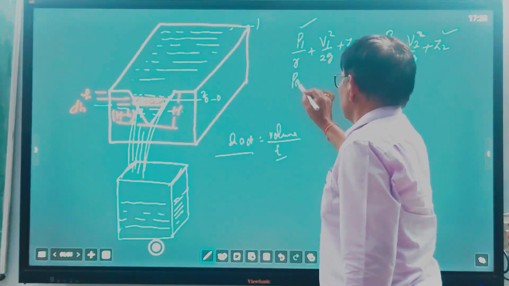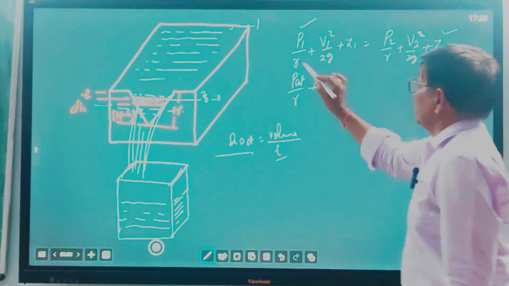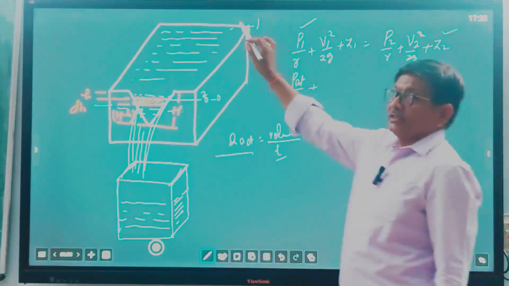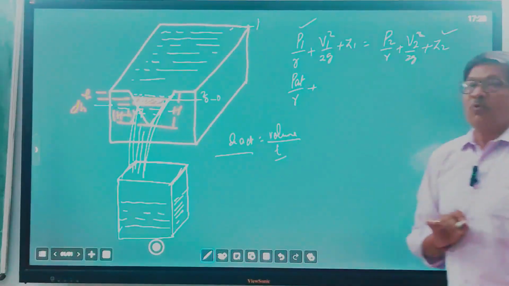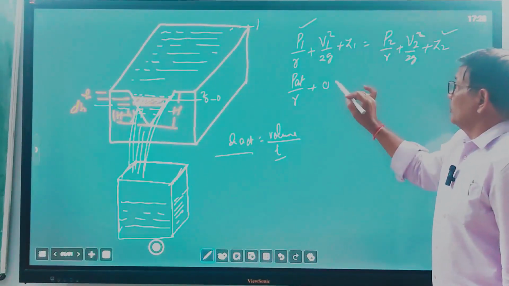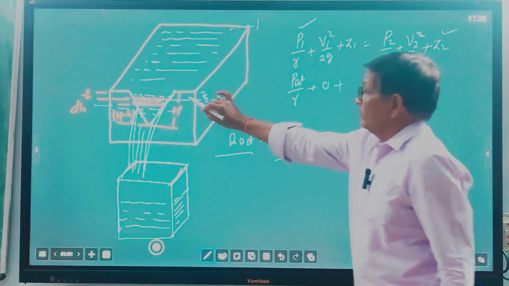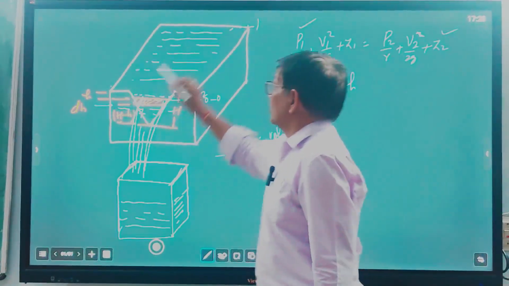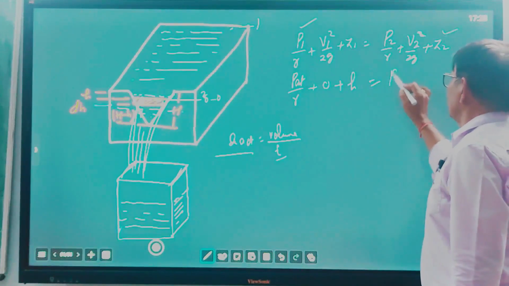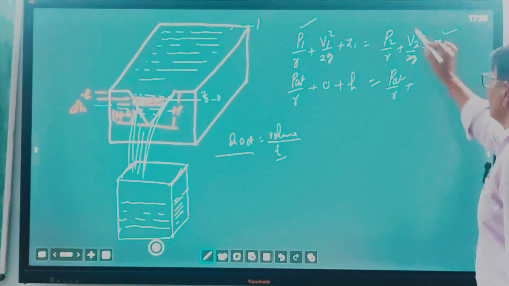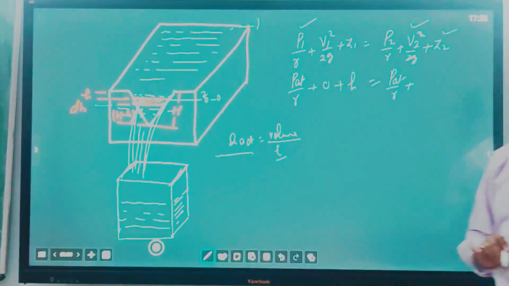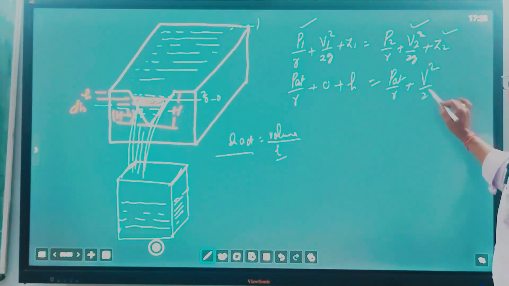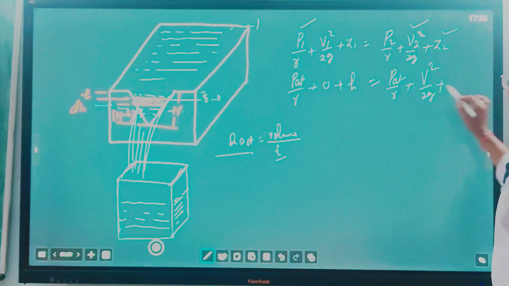So P atmospheric upon gamma, plus here velocity will be 0, because at a far distance the water is almost stationary, while at the notch the water becomes moving. Plus Z1, the height, will be h because we have taken the reference at 0. So h equals P atmospheric upon gamma plus V square upon 2g plus Z2, which is 0.